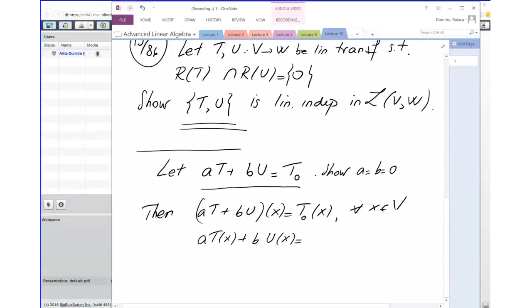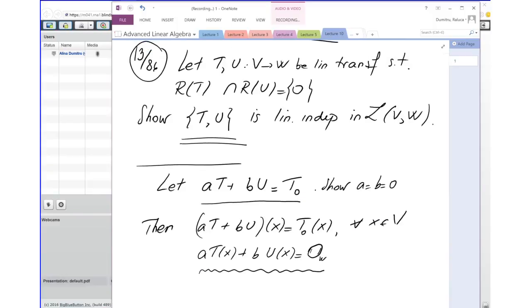T0 was that special transformation that sends everything into the 0 vector of W. Okay, so that's what we have, and there is one additional assumption that we haven't used. What's that? Up here. So how are we going to put those things together?